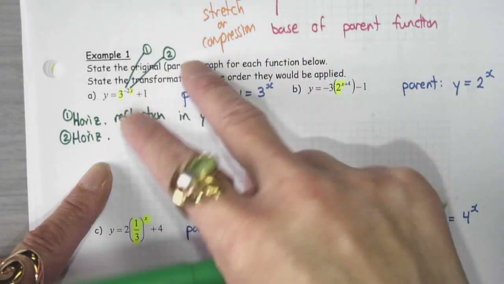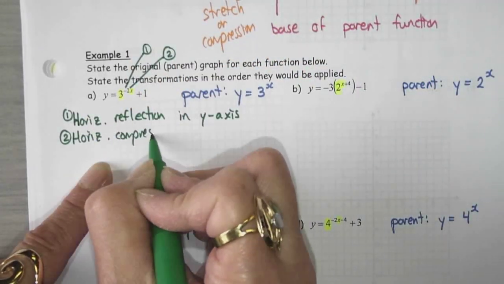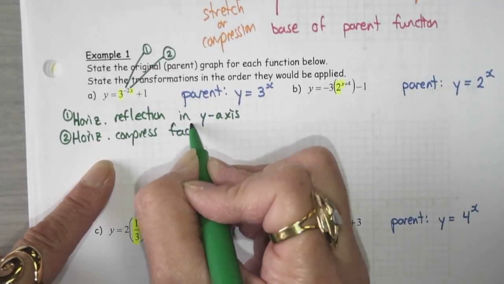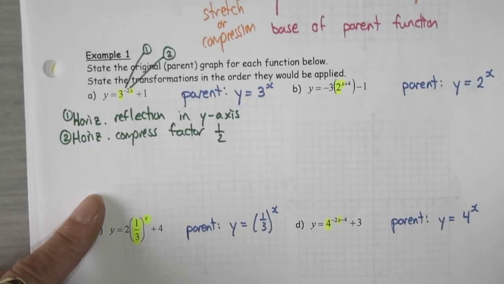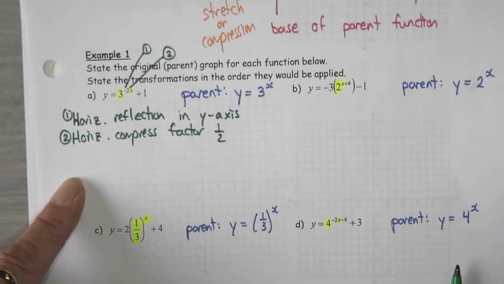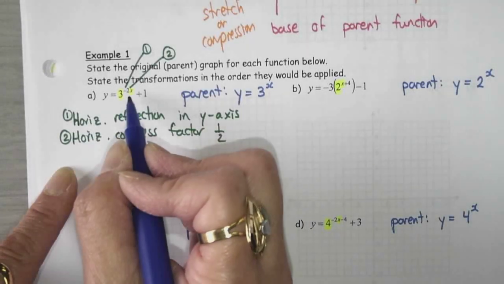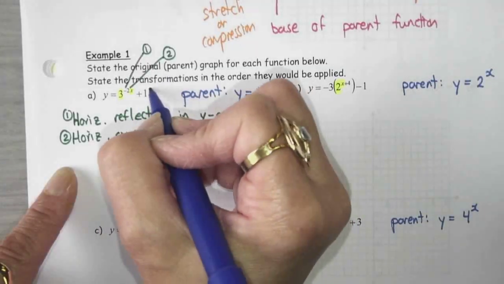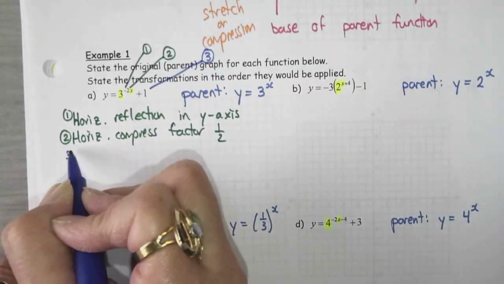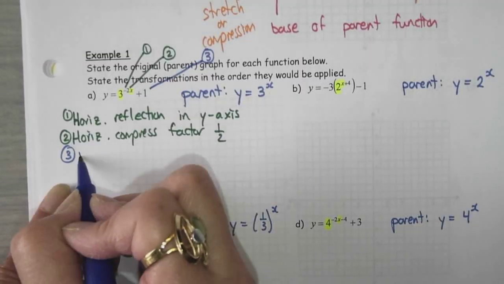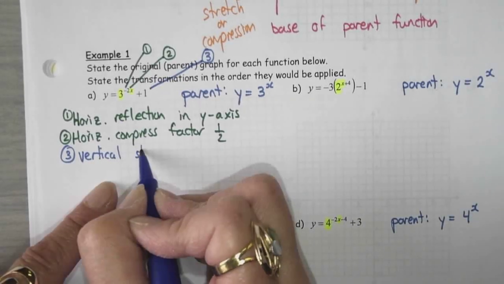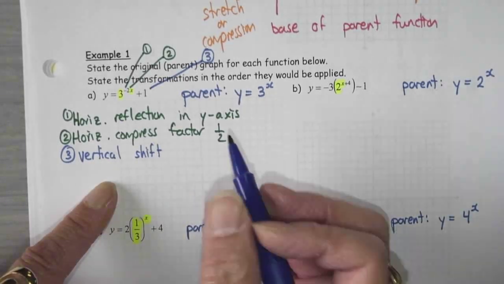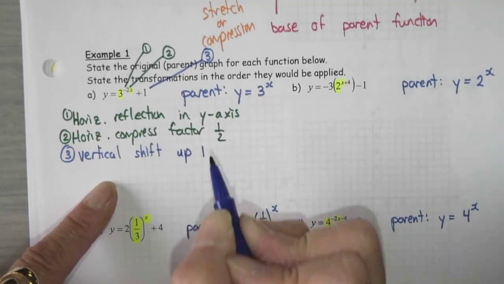Horizontal's always the opposite, so compression by a factor of 1/2. We have to get that in our heads. The x is just part of it, and then this 1 here is my third one. The third one is a vertical, and that's going to be a shift which way? Up 1, exactly, up 1.